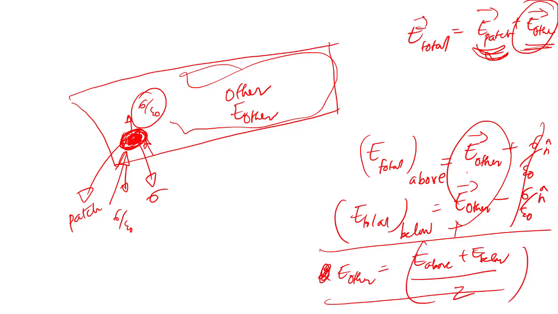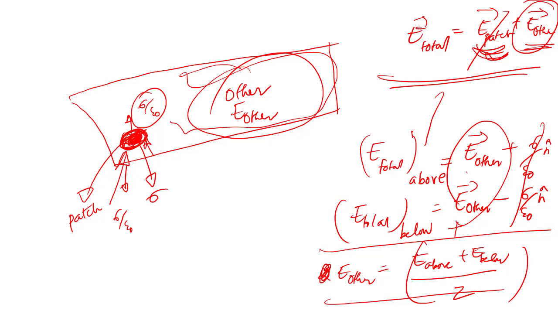And that's what we were discussing when we talked about the electric field inside the conductor, inside the spherical shell versus outside the spherical shell. There also we had taken an average. And that average comes from the fact that the patch itself cannot exert a force on itself. So it is the rest coming from the other contribution, which by using the simple equation, we can write as an average of the field above and the field below.